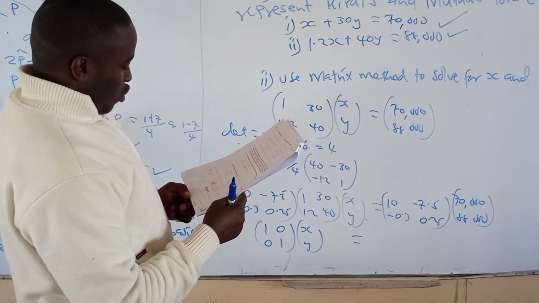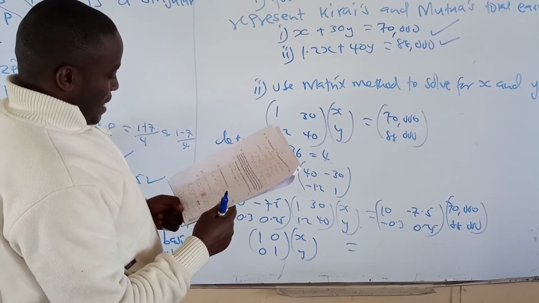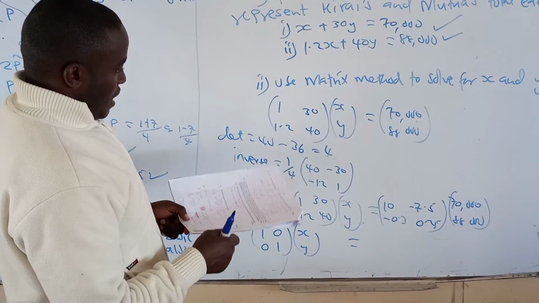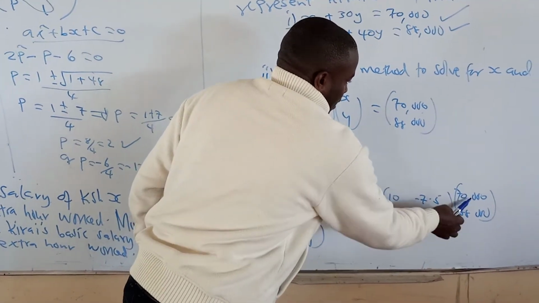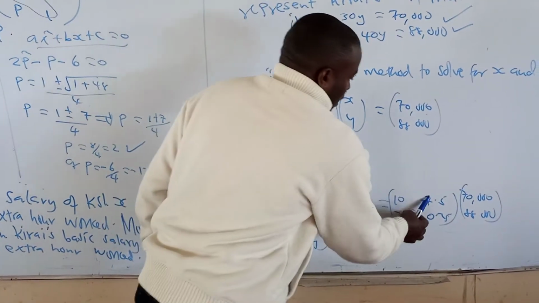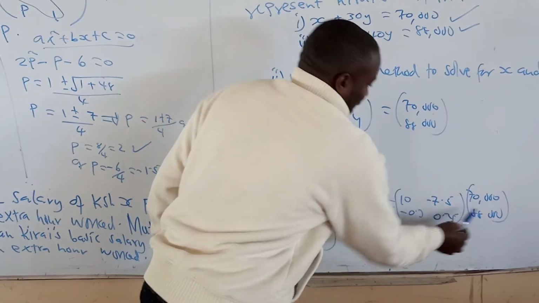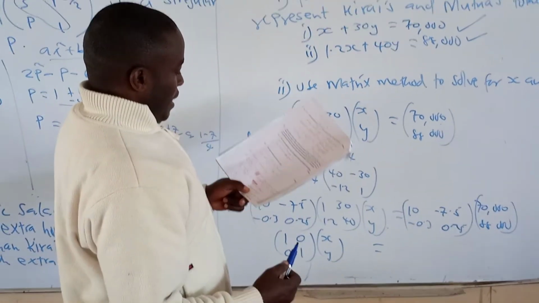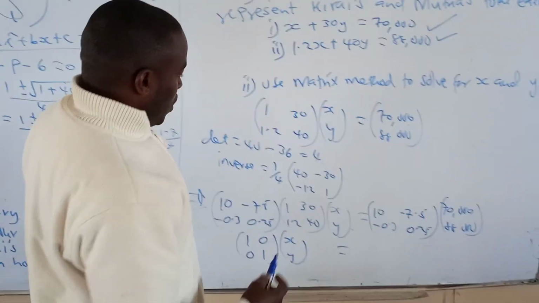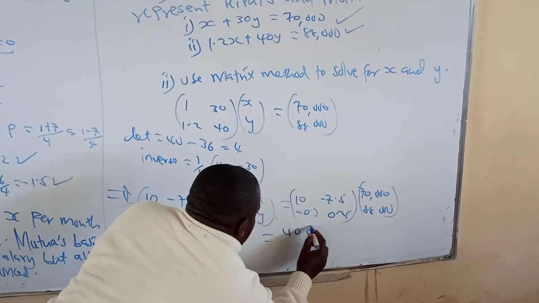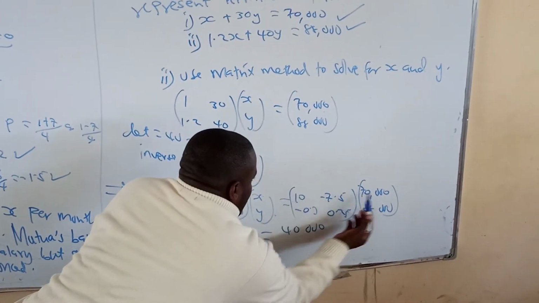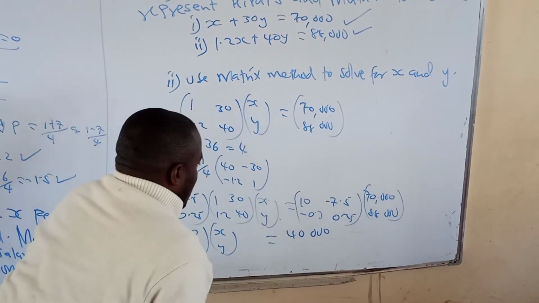If you multiply those two, this one gives you 700,000 minus 660,000. So that gives you 40,000. This minus this, you get 40,000.